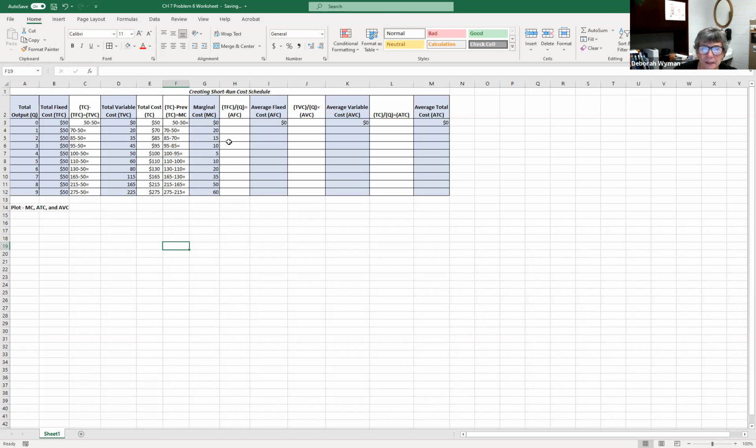So now we need to go to the average fixed cost. So you know when you say average, you're going to have division in there. So we're going to say our total fixed costs, which are how much? 50, right? And we know it's going to be division. So just for the sake of easy processing here, let's just put this in, and then we'll do the rest of it.